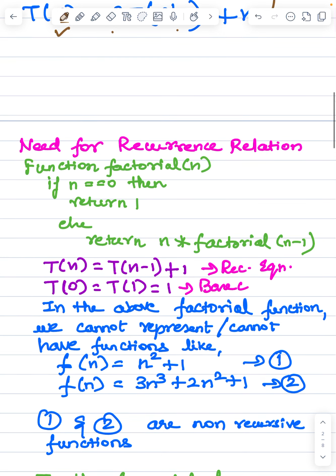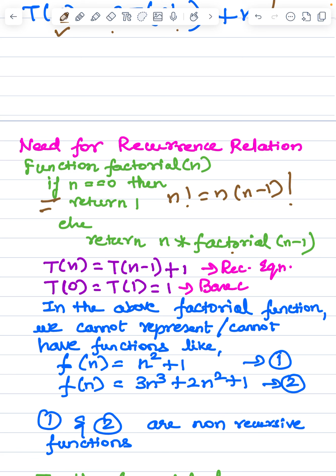What is the need for a recurrence relation? Consider this factorial pseudocode. If n equals 0, return 1, else return n into factorial of n minus 1. What is n factorial? n factorial is n into (n minus 1) factorial. Here n factorial is using its previous term n minus 1 to define its function.